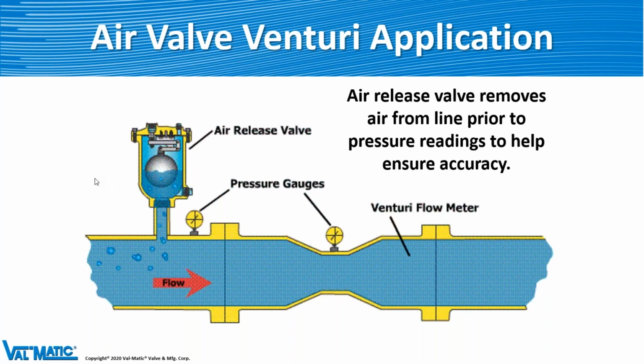Sometimes it's a simple fix, sometimes it's not, but it can be very beneficial. It could be a cost savings if you're getting false readings and you're pumping too much, or at too high a pressure, or you're not getting enough product. That could help you settle things out a little bit.